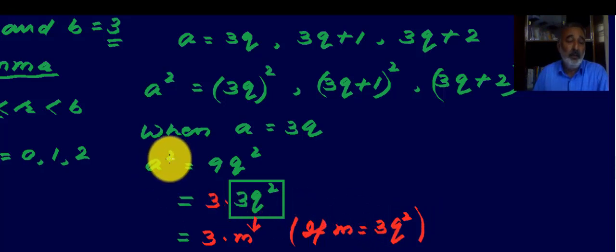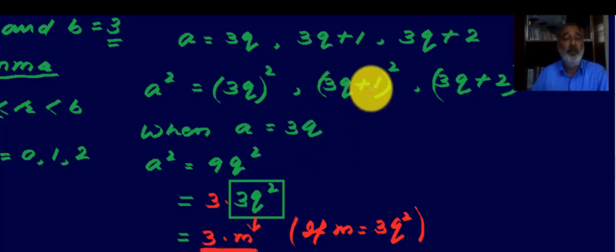Then A square, the square of any positive integer, can be of the form 3m. What about the second option? Let's see.